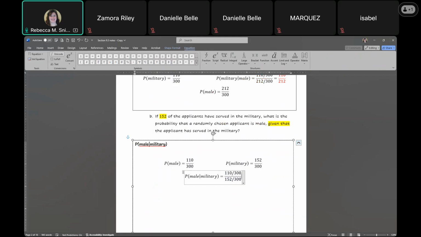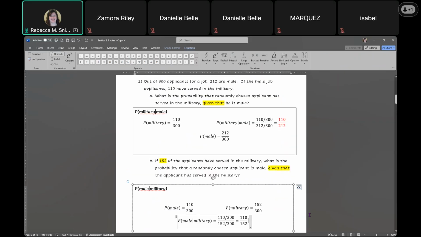Since I did not reduce early, my denominators will go away on both, thus allowing me to reduce an easier fraction, 110 over 152, and then either reduce it down or give the decimal answer. Okay. So are there any questions on this second example going back and forth between your conditions, one direction versus the other?